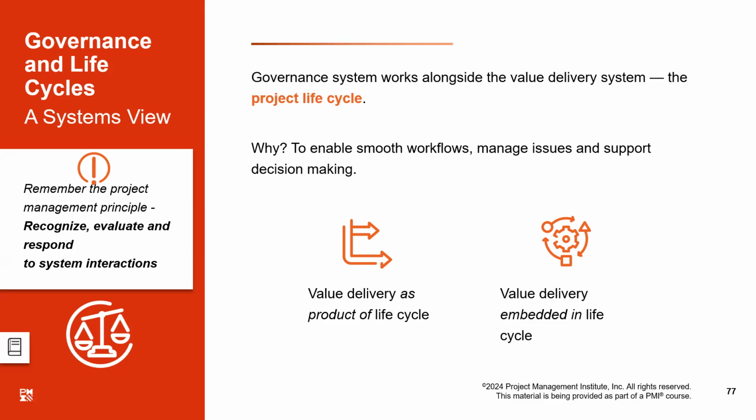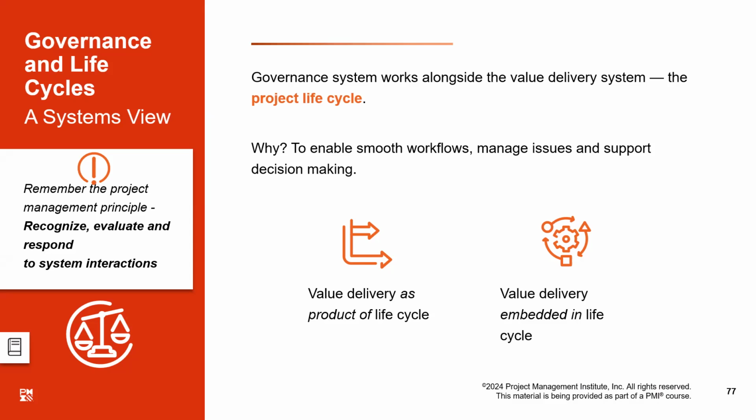That means as the life cycle of a predictive project comes to completion, the value is delivered at the end of it. Either the value is delivered at the end of the whole project, or it is happening at the end of each phase. But it is dependent on the life cycle.